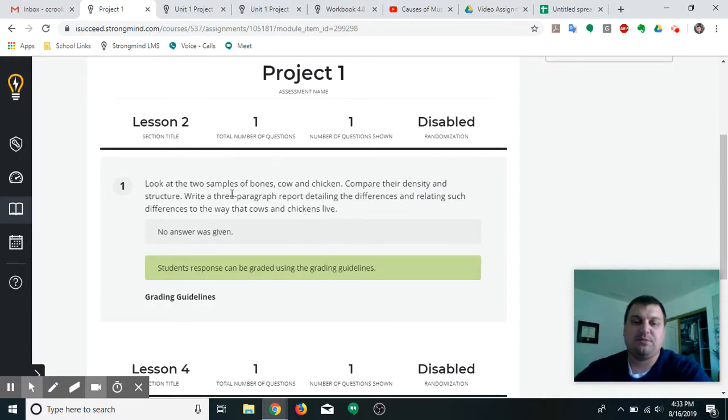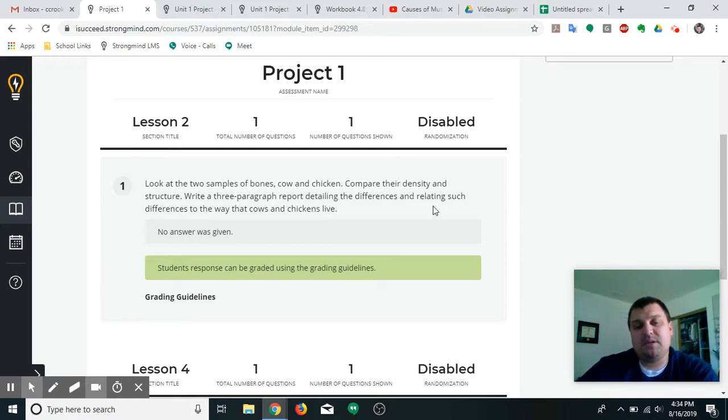It says look at the 2 samples of bone, cow and chicken, compare their density and structure, write a 3-paragraph report detailing the differences and relating such differences to the way that cows and chickens live. So by looking at those 2 bones, look at how dense they are. To do that, you might have to cut into them a little bit. If not, there are resources on the internet, and I will paste some resources that you may use with this video.